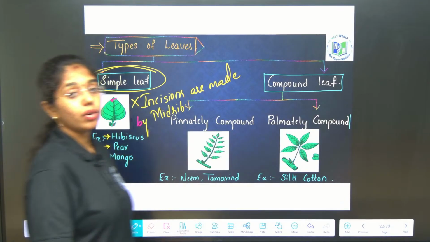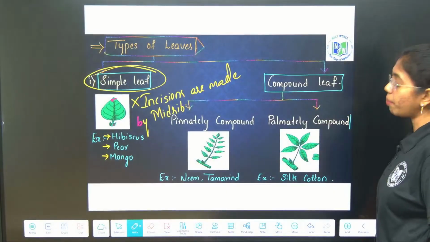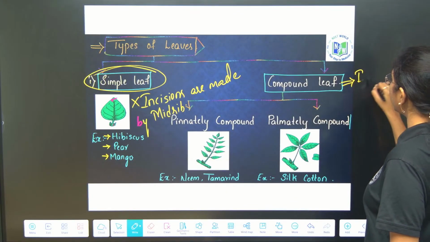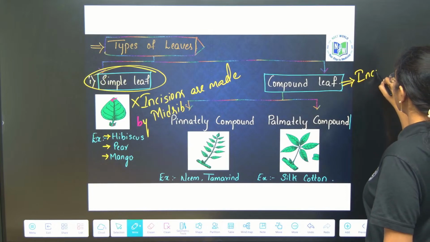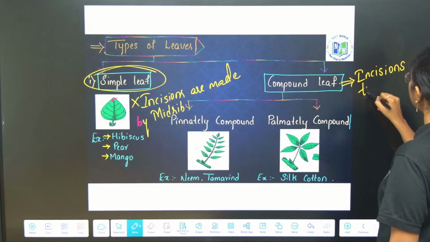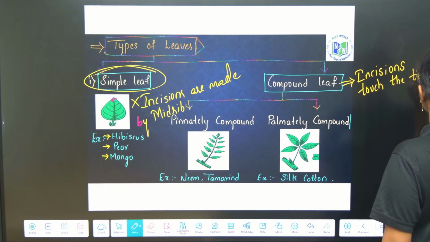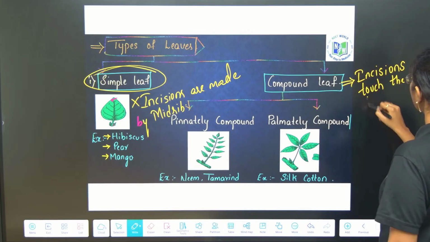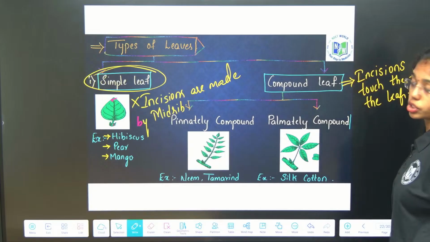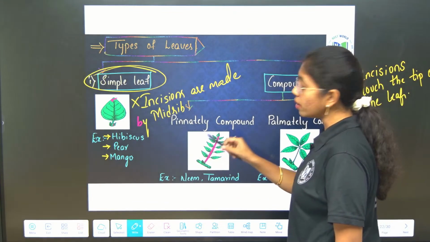Next is the compound leaf. We have two types, pinnately compound leaf and palmately compound leaf. Here incisions touch the tip of the leaf, and the midrib forms the main veinlet.